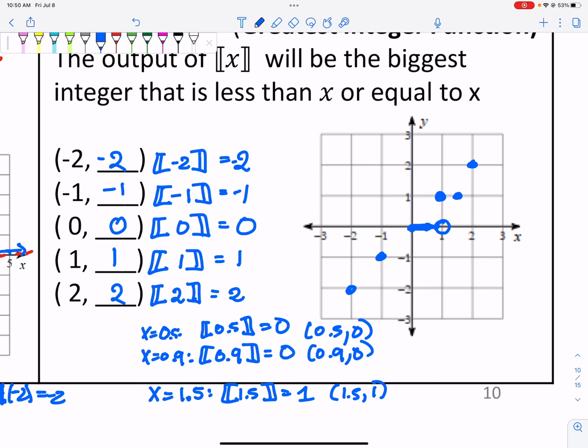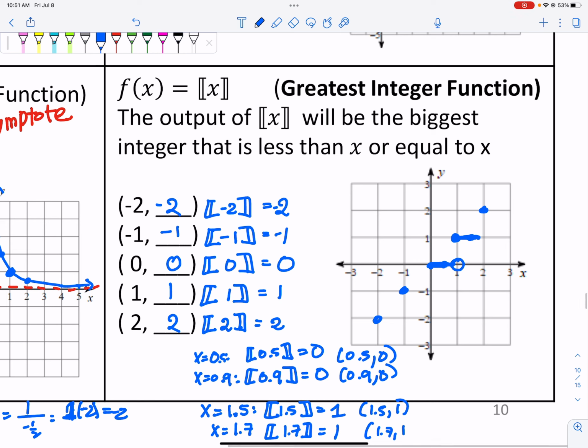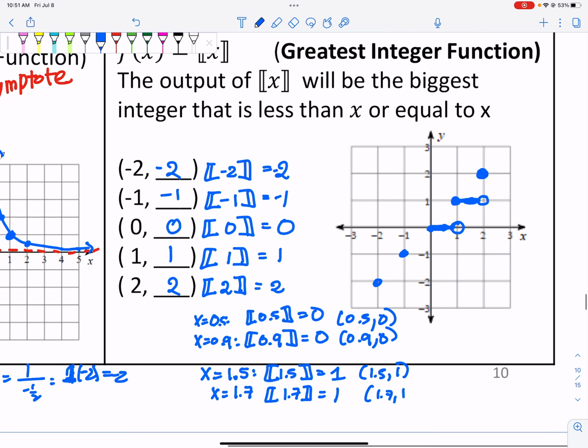And then if we were to pick x equals 1.7, the biggest integer that is less than or equal to 1.7 is going to be 1. So again, when the x value is 1.7, the y value is going to be 1. So all the values that have a decimal of 1 point something are going to have an output of 1. At 2, because the output at 2 is going to be 2, we're going to have an open circle right here.